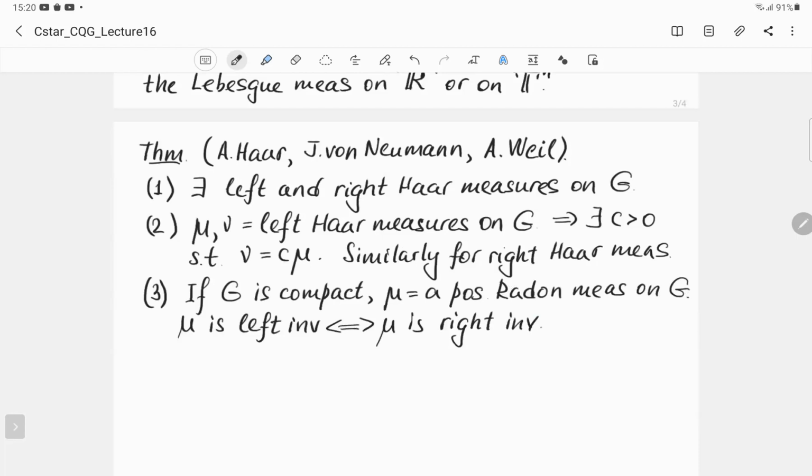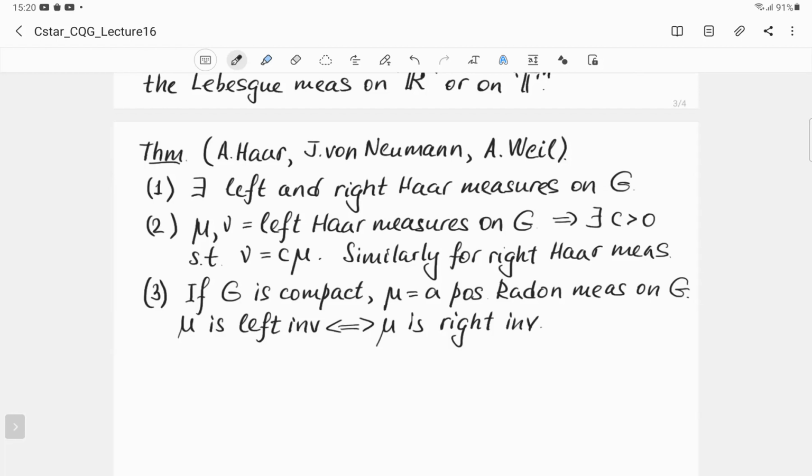But for arbitrary locally compact groups, this is not the case. There are examples of locally compact groups for which the right Haar measure and the left Haar measure are different. So this result is essentially due to Haar, von Neumann, and Weil.